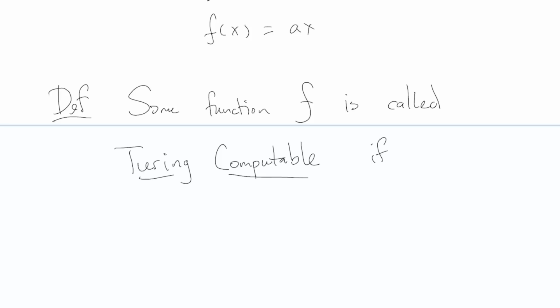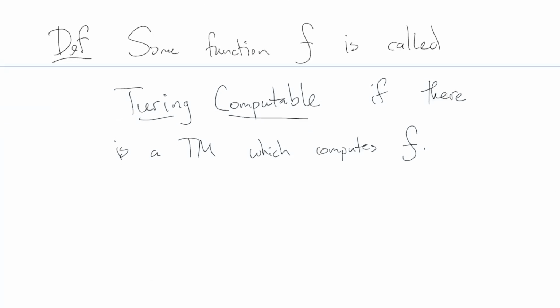It is called Turing computable if there is some Turing machine that can actually do that function. So some function f is called Turing computable if there is a Turing machine which computes f. All right? In that case, the function is called Turing computable. So the example that I just discussed before was f of x equals ax. This is Turing computable.